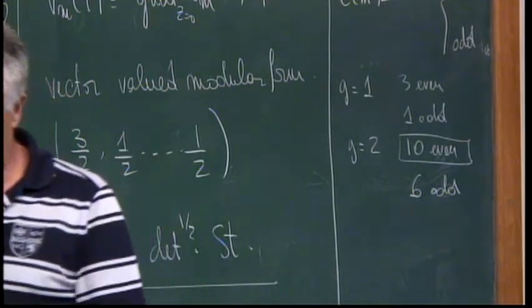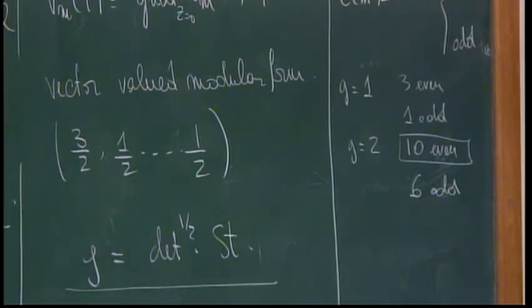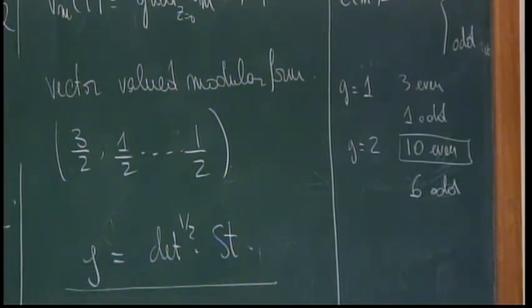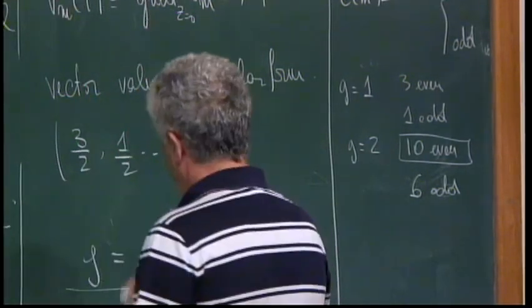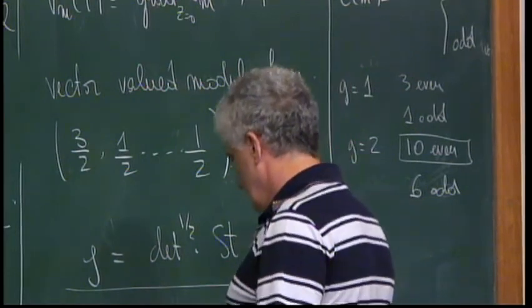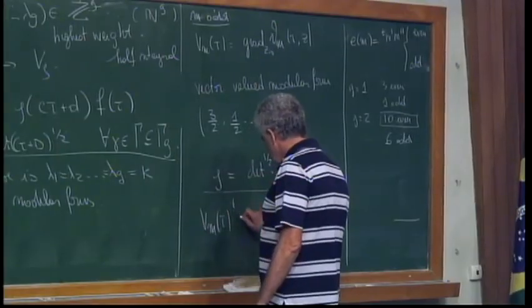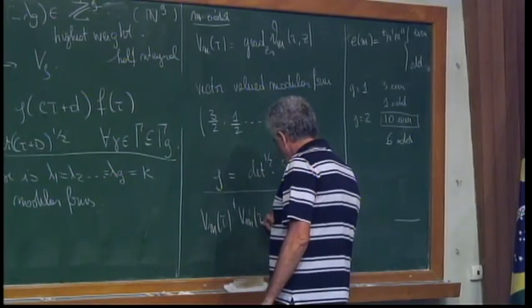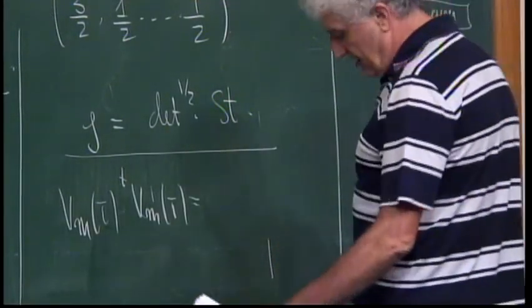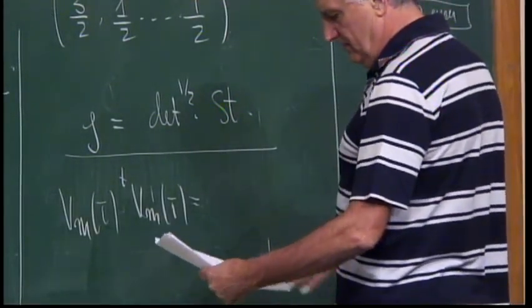So this is another example of a vector valued modular form with respect to a certain group Gamma that I prefer not to describe. At the same time, if we consider V_m as a column vector, the transpose of V_m(tau) is the same kind of vector valued modular form.